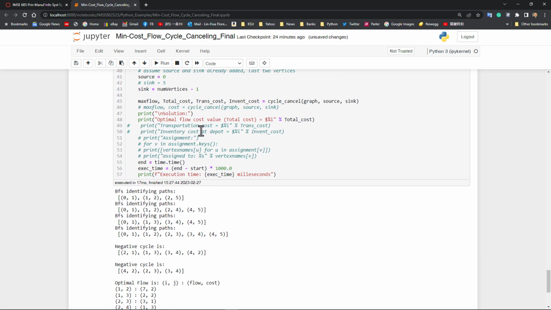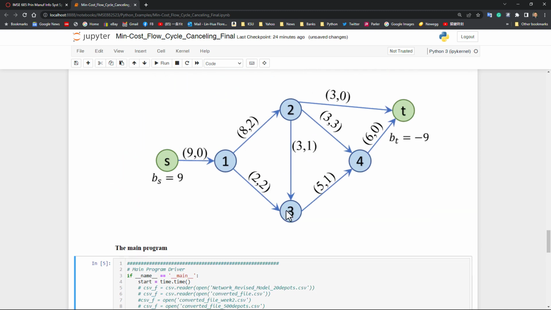After reading it, the solution procedure goes like this. First, it finds 4 separate successive shortest paths to build the initial feasible flow on the network. The first one is 0 to 1, 1 to 2, 2 to 5, satisfying the node demand at node 2 of -3.